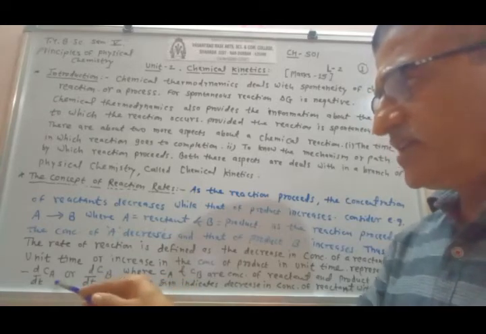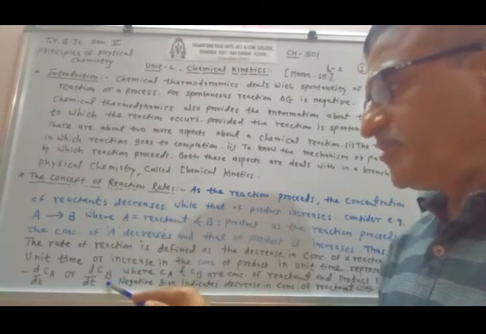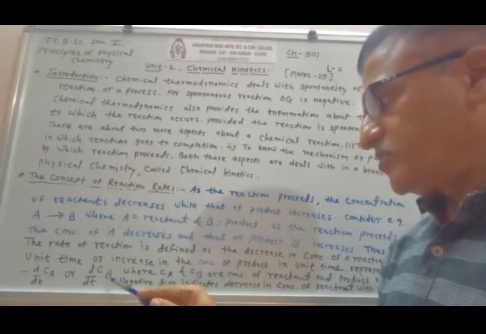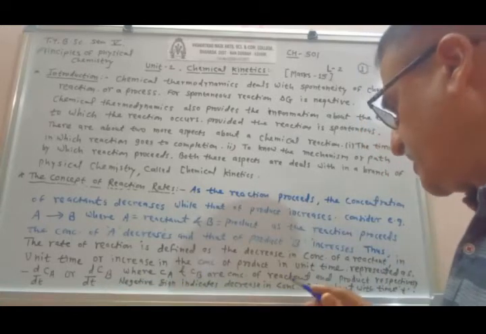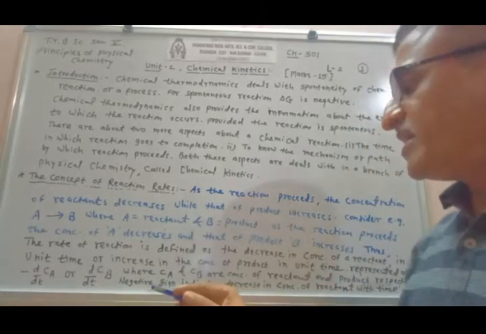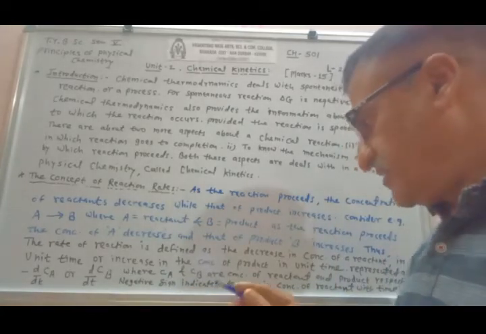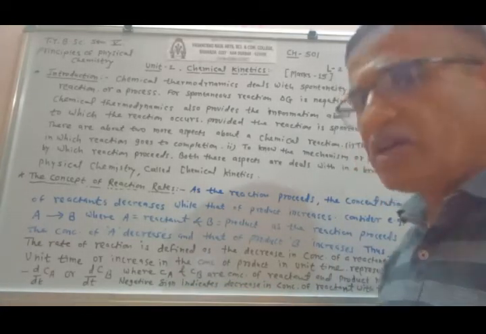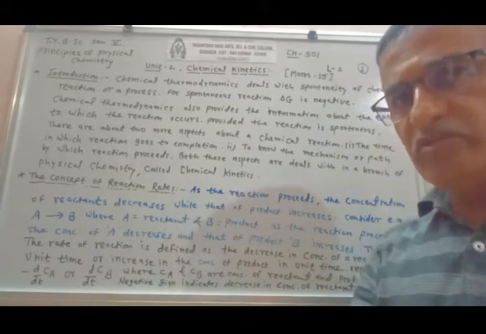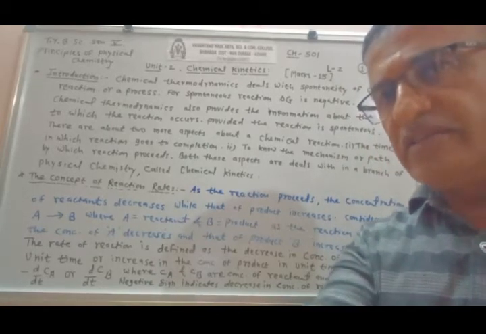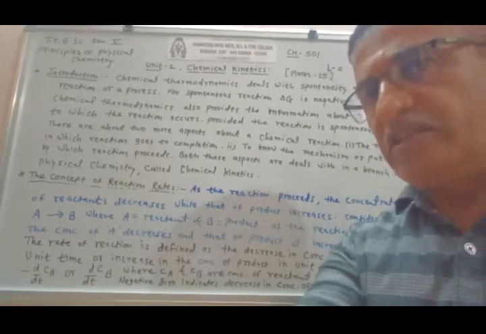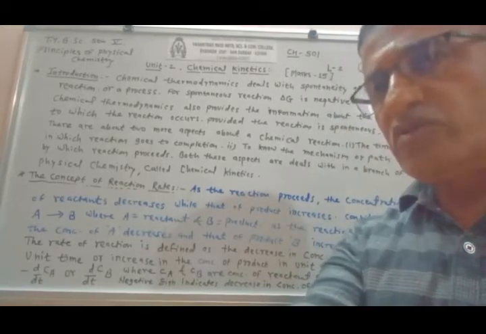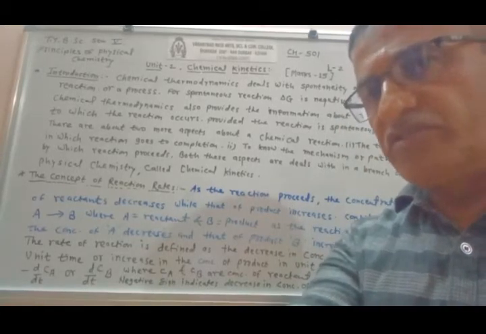Ca is the concentration of reactant and Cb is the concentration of product. The negative sign indicates a decrease in concentration of the reactant, and the positive sign indicates the formation of product.